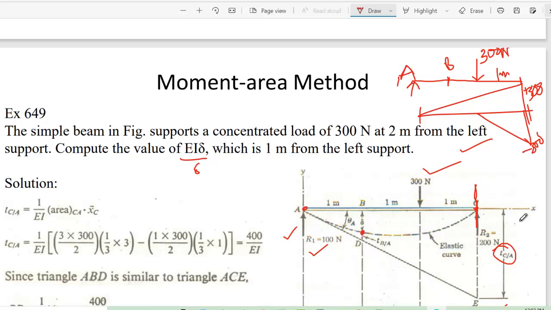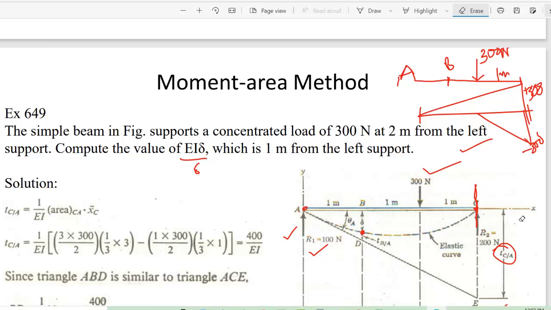So this is 300, right? So while you consider this 300, your beam will look like this, right? So only this 300 load. So 300 load is acting downward with respect to this point C, or just before C. It is rotating counterclockwise, so negative. So distance is 1, load is 300.